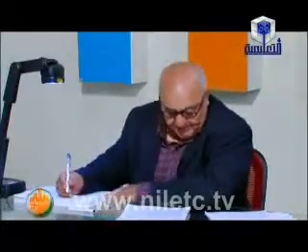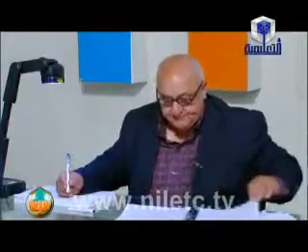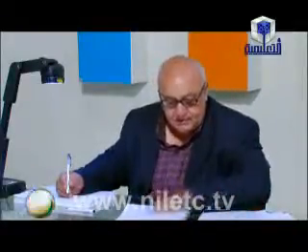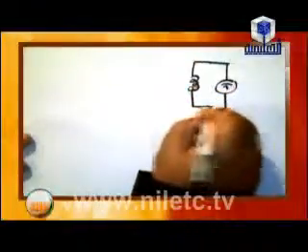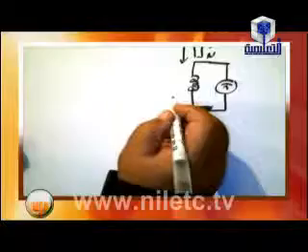The question is, look at the figure. A galvanometer is connected to a coil, and a magnet with north and south poles moves in the downward direction.